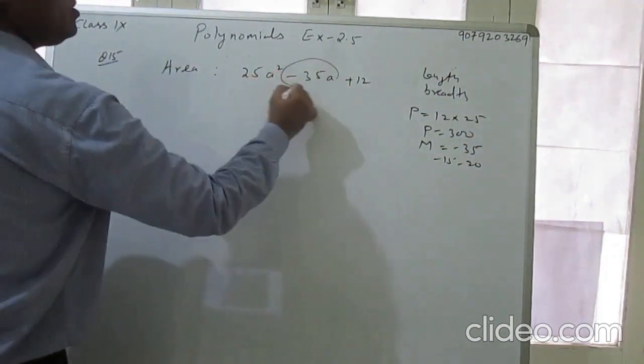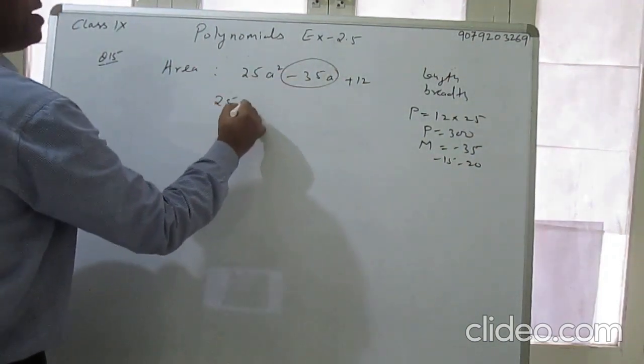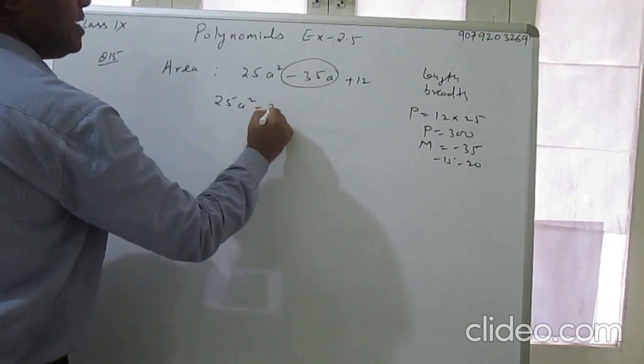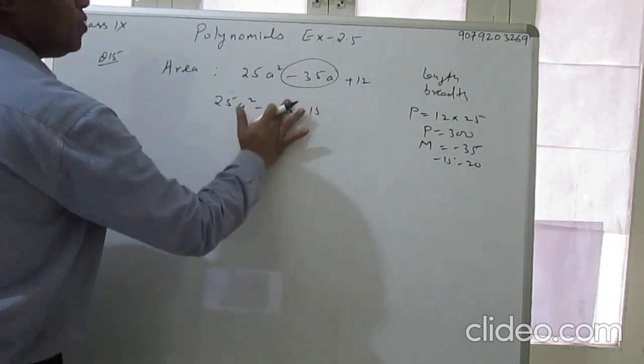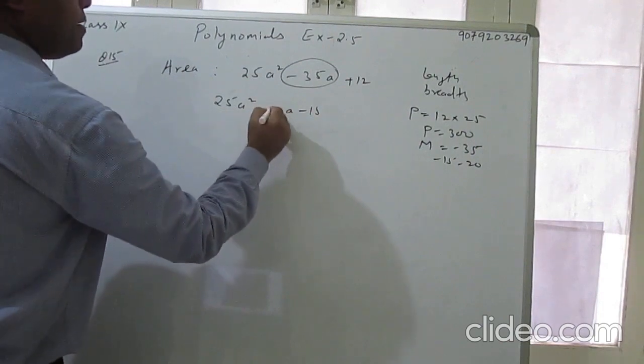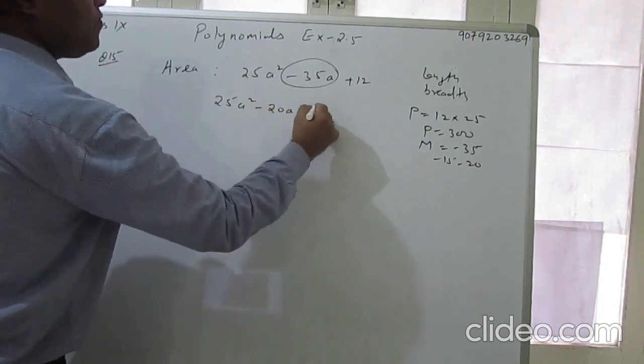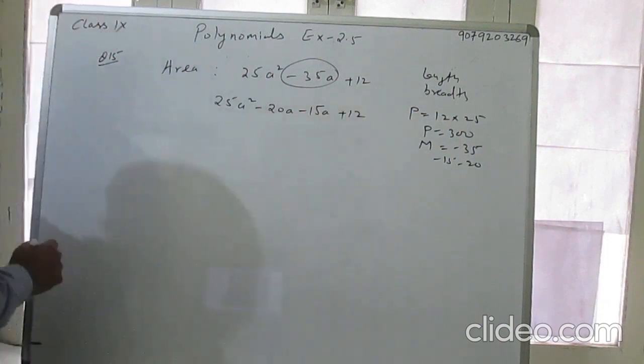So instead of this you can write 25a square minus 35a as minus 20a minus 15a plus 12.